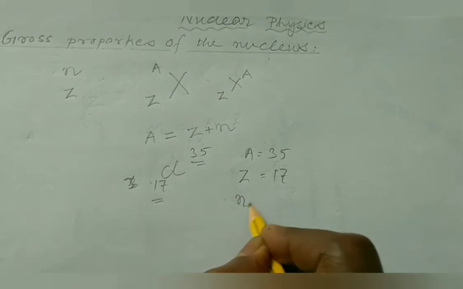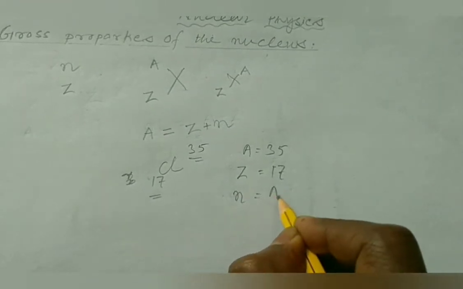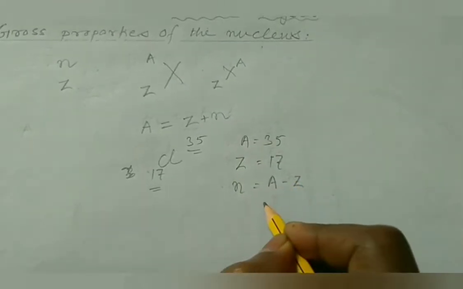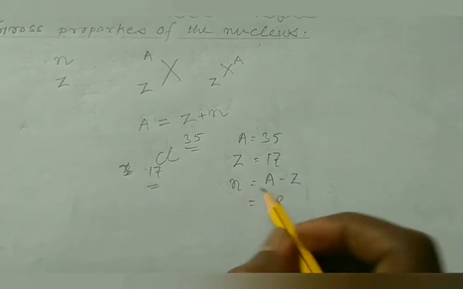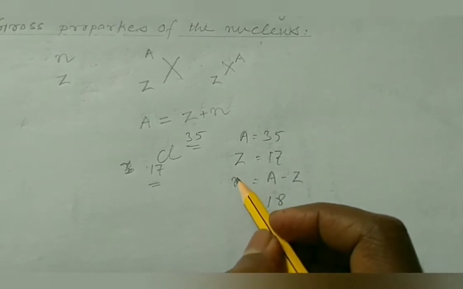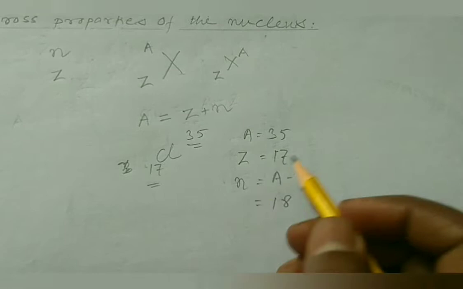That is N equal to A minus Z equal to 18. It is the number of neutrons inside the nucleus. Nucleus has different energy states. The lowest energy state is known as the ground state, and the nucleus normally exists in this state.